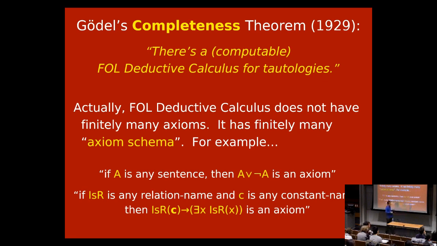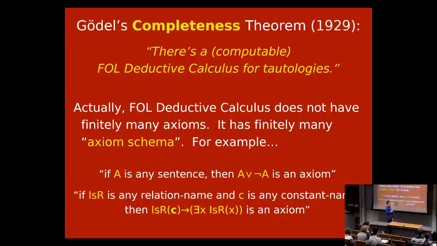For example, an initial tautology is like this: if A is any sentence at all, then A or not A is an axiom. So that's infinitely many tautologies right there. But it's okay, because no matter what sentence A is, A or not A is always true.